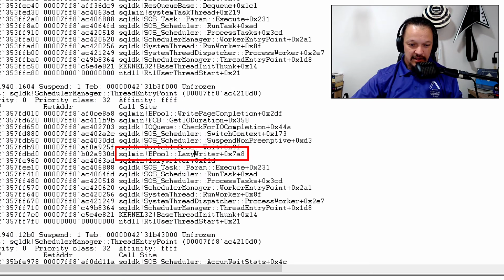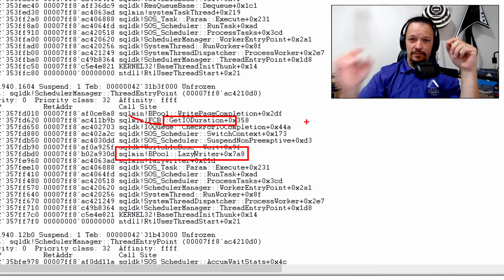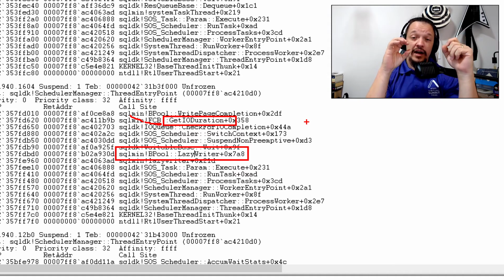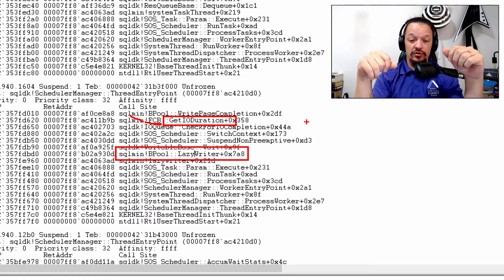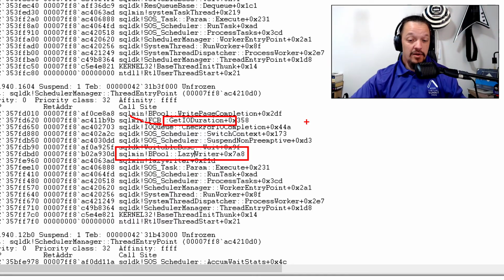And this is interesting. You see that under the file control block method, we have a get IO duration. This is important because there's a control that if the IO in the disk is too high, the number of outstanding IO requests can be reduced to minimize the impact in a busy environment.